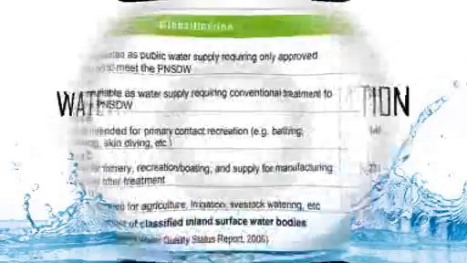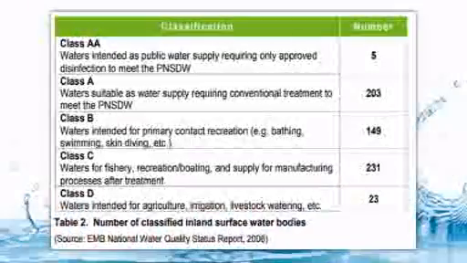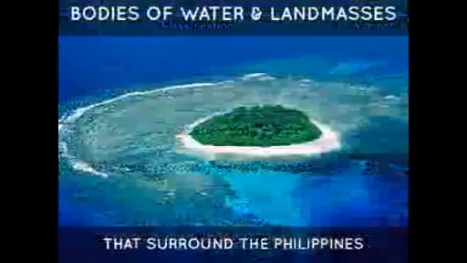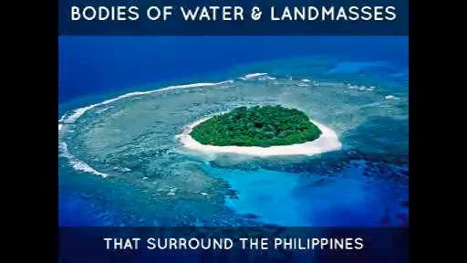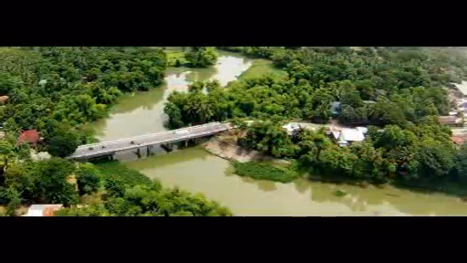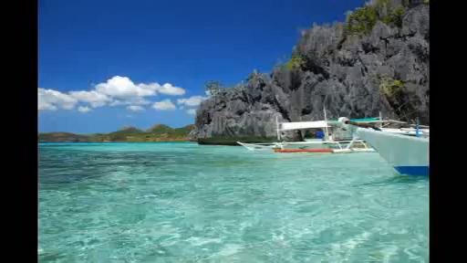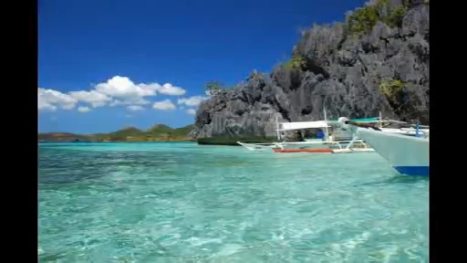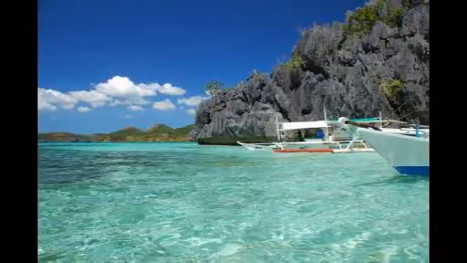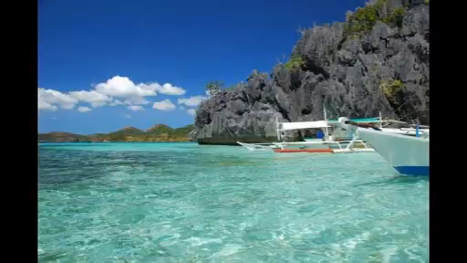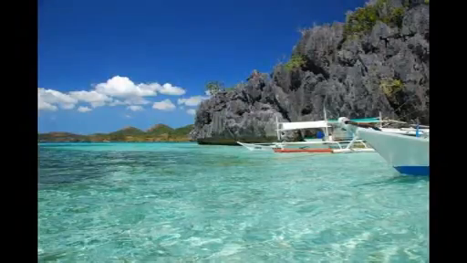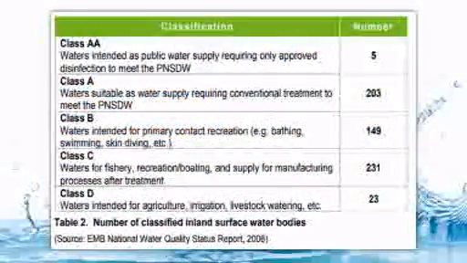The data gathered from the EMB represents that as of 2005, it has classified 525 water bodies in terms of best usage and water quality. 263 are principal rivers, 213 are minor rivers, 7 are lakes, and 42 are coastal and marine waters. This means that only 39% of the 525 water bodies may be considered as potential sources of drinking water.